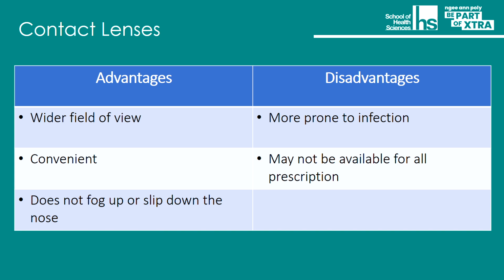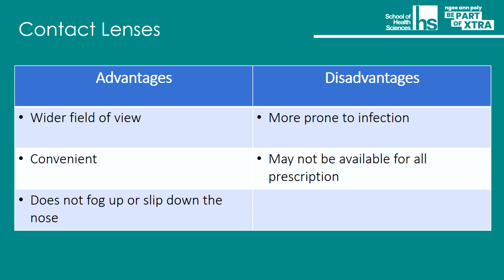Having a wider field of vision and not having a pair of glasses sliding down your face would be potentially advantageous. It's convenient because unlike glasses, it doesn't fall off that easily, it doesn't fog up, and it doesn't slide down your nose.